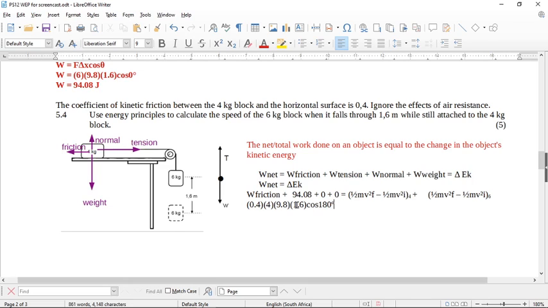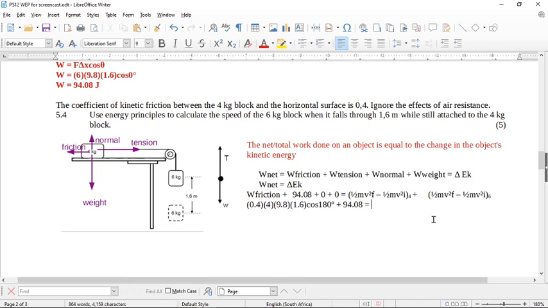There we go. It's the cos of 180, okay. So we know that's going to work out to -1, because that's what the cos of 180 is. So friction goes this way, the block goes this way. So, and then we're adding the work done by tension, 94,08, and then plus nothing.